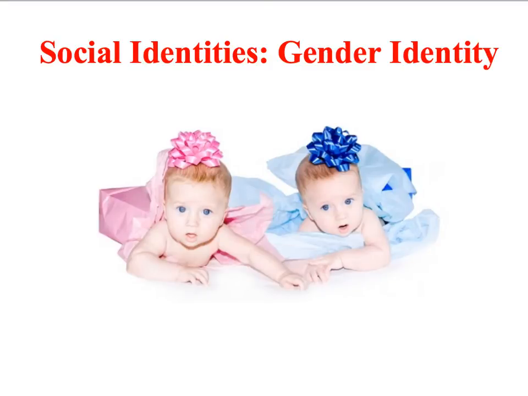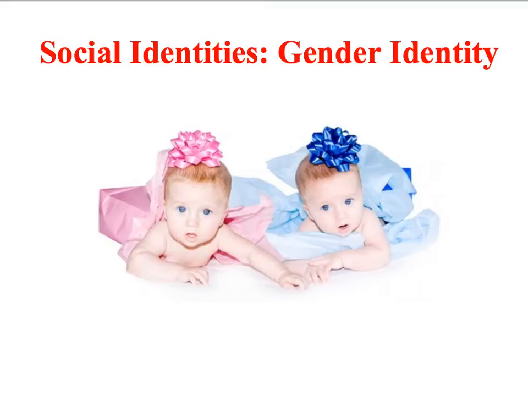One important aspect of our social identity is our gender. And remember, for sociologists, sex refers to biological differences between males and females, things that can't be changed. Gender, on the other hand, refers to the social differences between males and females, or what is seen to be masculine or feminine in a particular society.